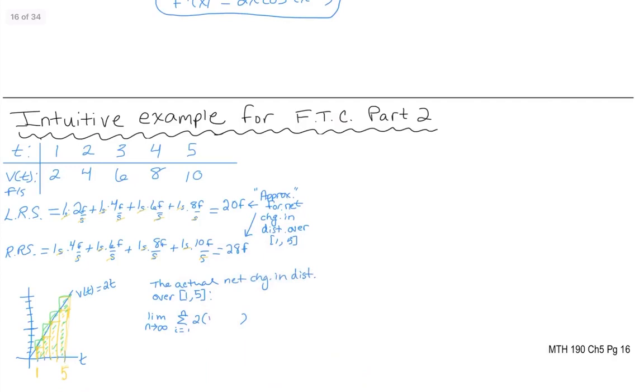So the a in this case is 1 plus i times the delta x. Remember delta x is the b minus a over n. So 5 minus 1 is going to be 4 over n. And so the i times the delta x is the 4 over n, and then times that delta x. So this is the limit of the Riemann sum.